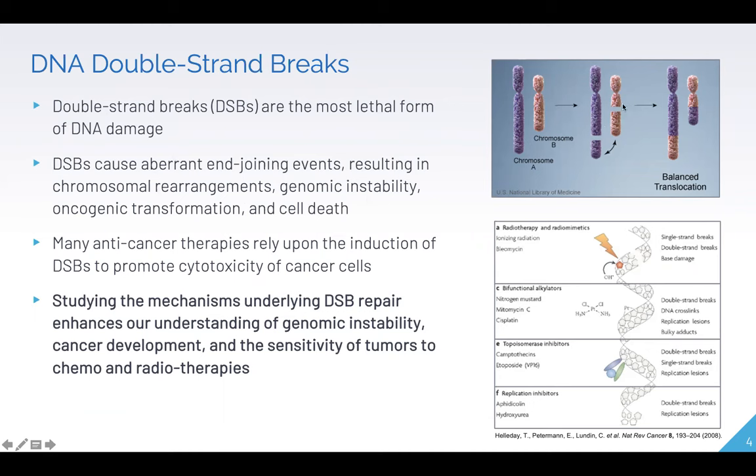Sometimes these breaks can be joined inappropriately, but do not necessarily cause lethality. For example, here is one such example where the repair of these lesions happens between different chromosomes in a sort of symmetric fashion, where one segment of one chromosome gets joined with another segment of a different chromosome.